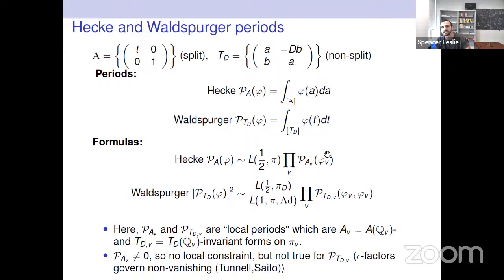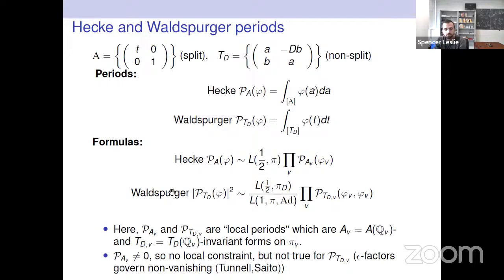In the first case, there's actually no local problem. These local factors are always non-zero for some input phi v. And so there is no local constraint, and we get an equivalence. Non-vanishing of the period is non-vanishing of the central L value.